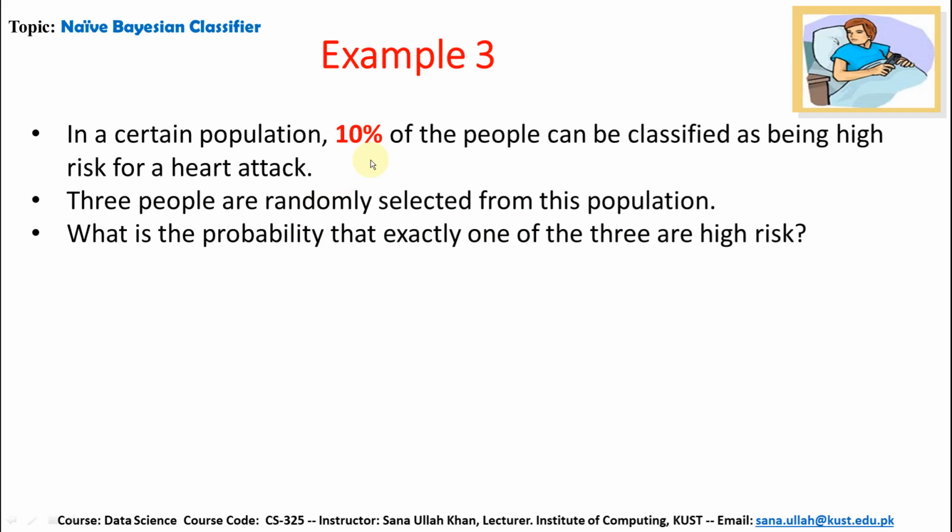In a certain population, 10% of the people can be classified as being at high risk of a heart attack. Three people are randomly selected from this population. What is the probability that exactly one of the three is high risk? Define H as high risk, N as not high risk.